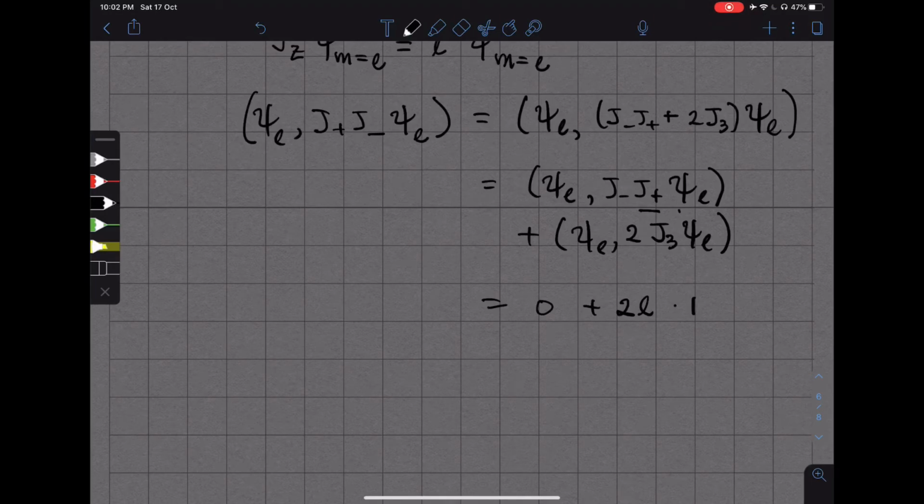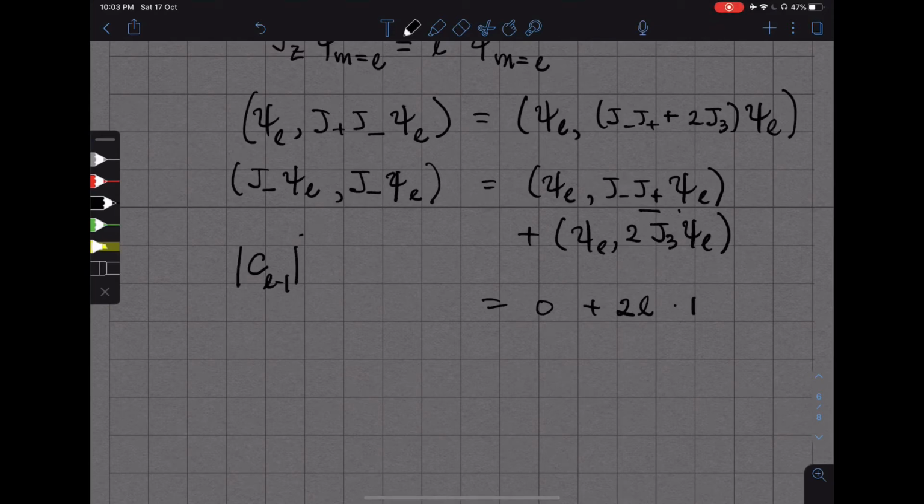Now on the left-hand side, what we can do is take this guy over here and write this as j_minus acting on psi_L, and the inner product with j_minus acting on psi_L. But j_minus acting on psi_L just gives me C times psi_(L-1), and j_minus acting on psi_L, but conjugated, gives me C star.